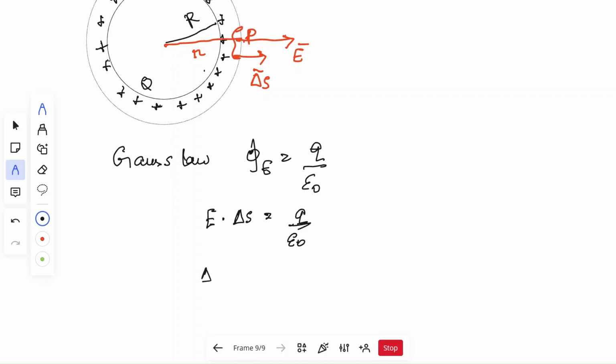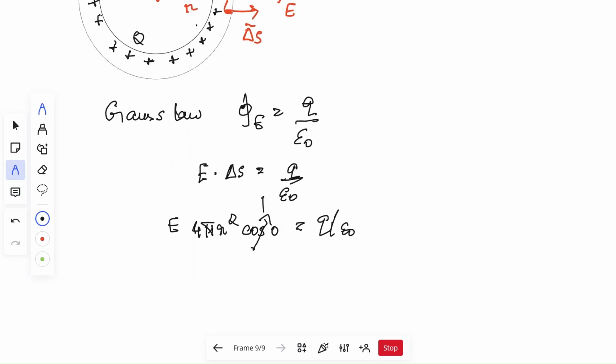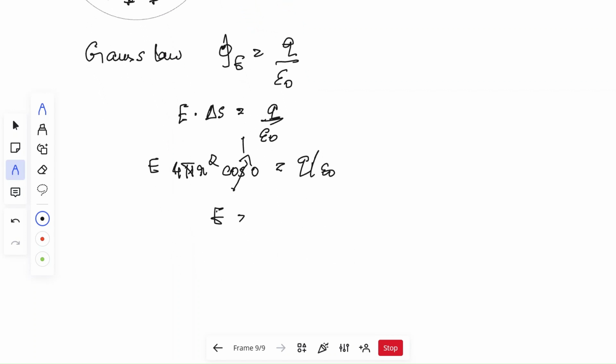And this will be E into del S, where del S is the spherical Gaussian surface area, so it's 4 pi r square cos 0 equals q by epsilon. This is 1. So we get that E is equal to q by 4 pi epsilon naught r square.